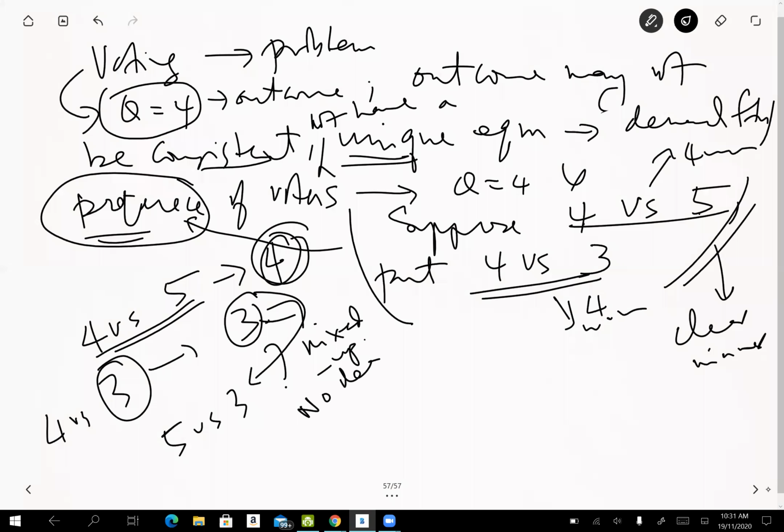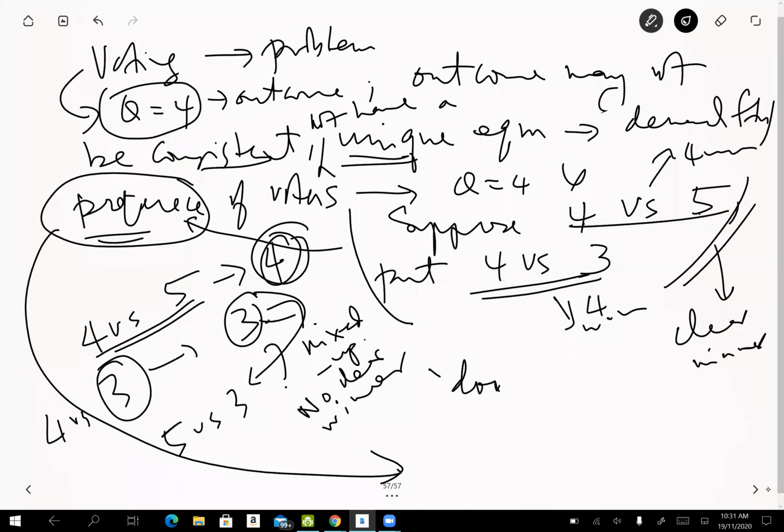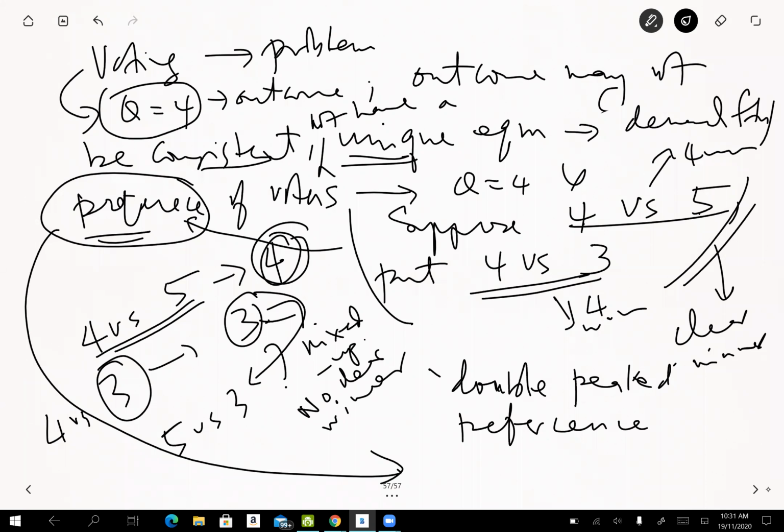Now, why do we have this? The reason is the preference of the voters. This is what you call double peak preference. When you have double peak preference, then we will not have a consistent outcome. So this is the thing that we are going to discuss now.